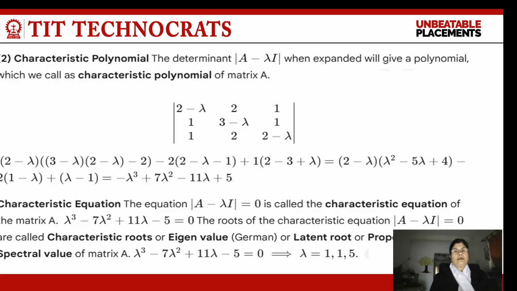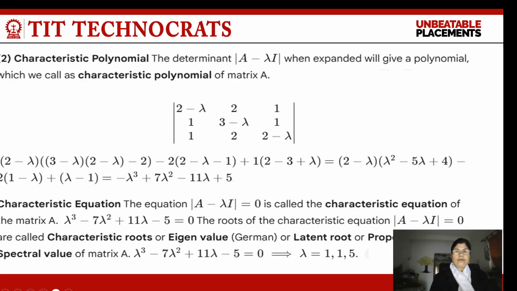Characteristic polynomial: the determinant of A minus lambda I, when expanded, will give a polynomial which we call the characteristic polynomial of matrix A, that is, the determinant of [2 minus lambda, 2, 1; 1, 3 minus lambda, 1; 1, 2, 2 minus lambda].